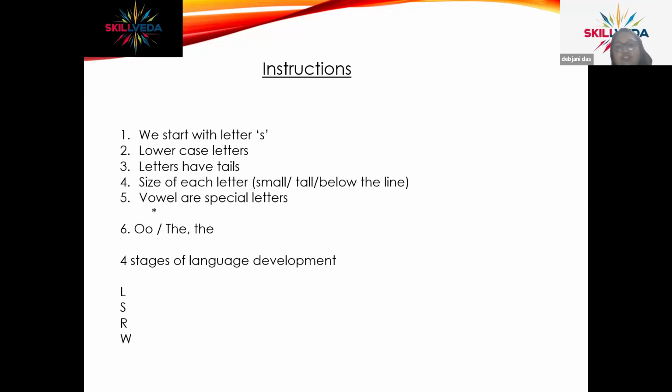Now, 4 stages of development, as you all know from the last class: LSRW. Anyone from the new group can tell me what is LSRW?